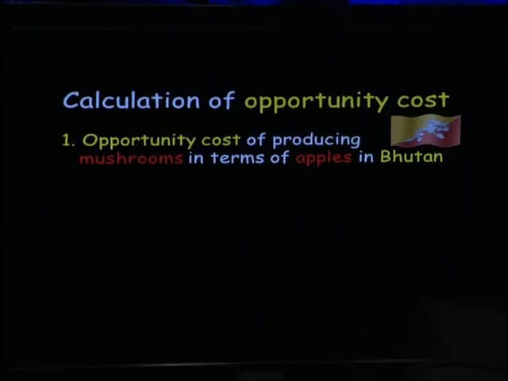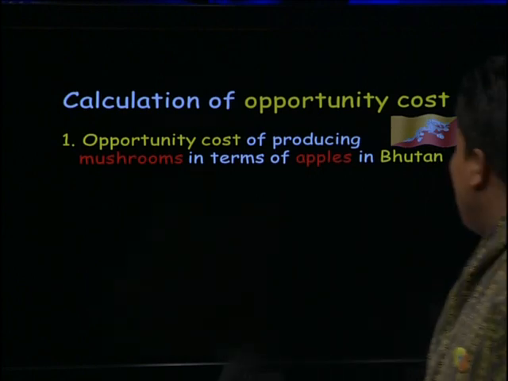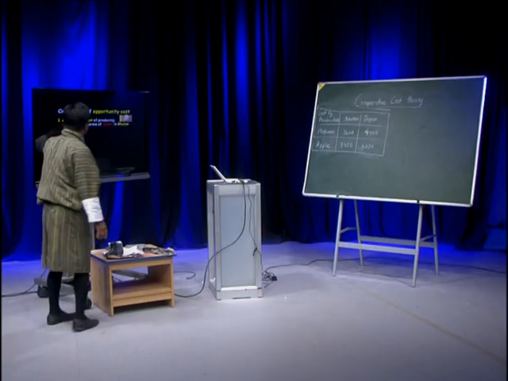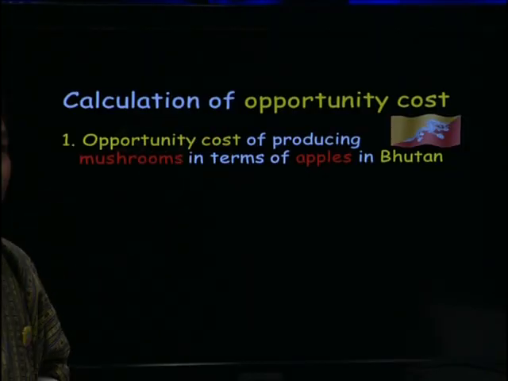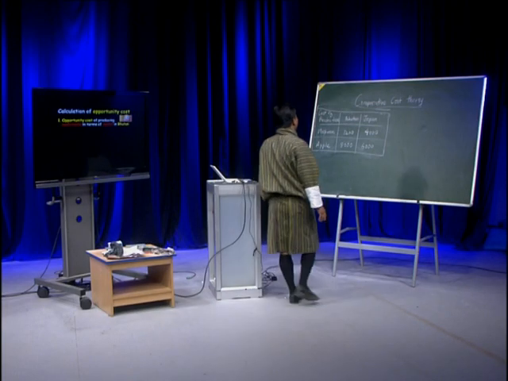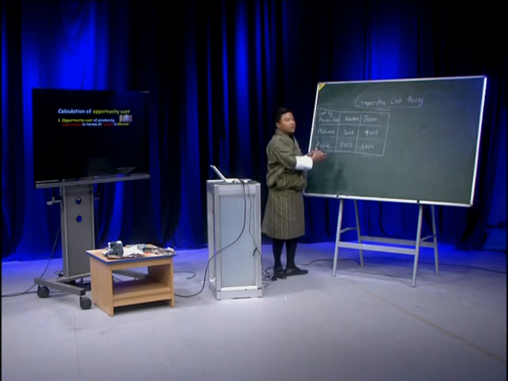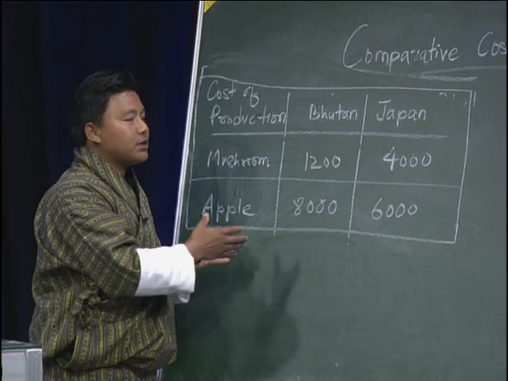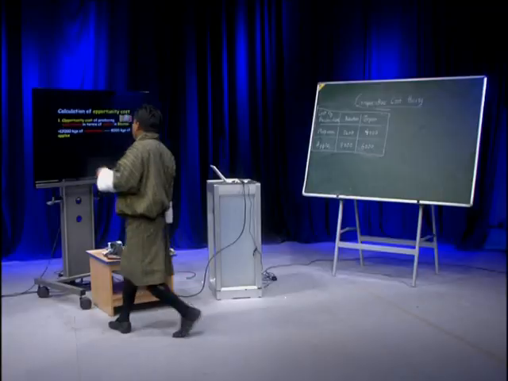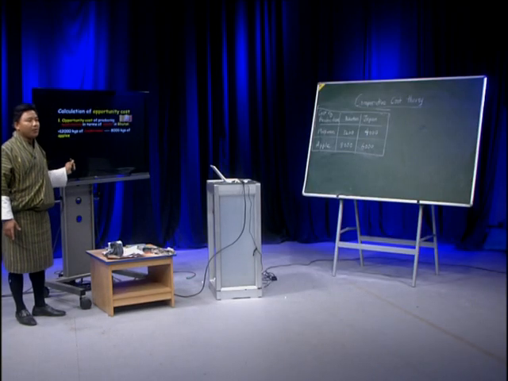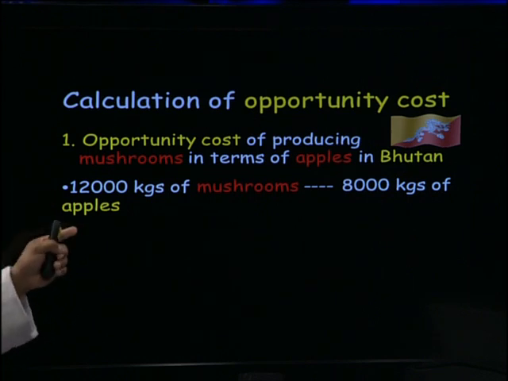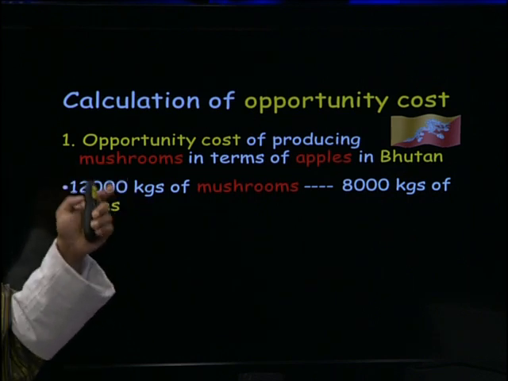Now let us calculate the opportunity cost of producing mushroom in terms of apple in Bhutan. You have to remember this data. According to this data, in order to produce 8,000 kg of apple, Bhutan should sacrifice 12,000 kg of mushroom.